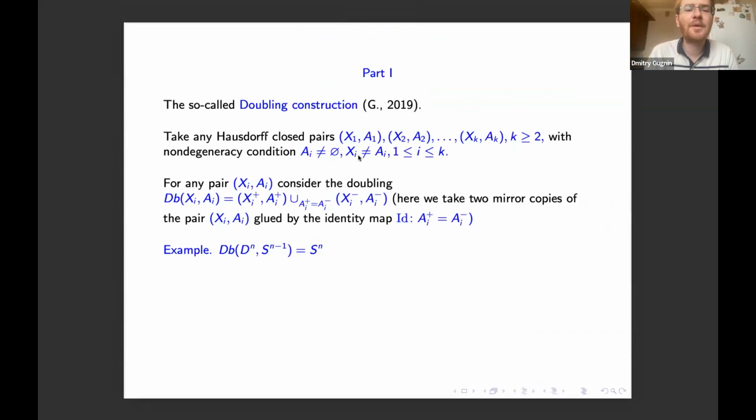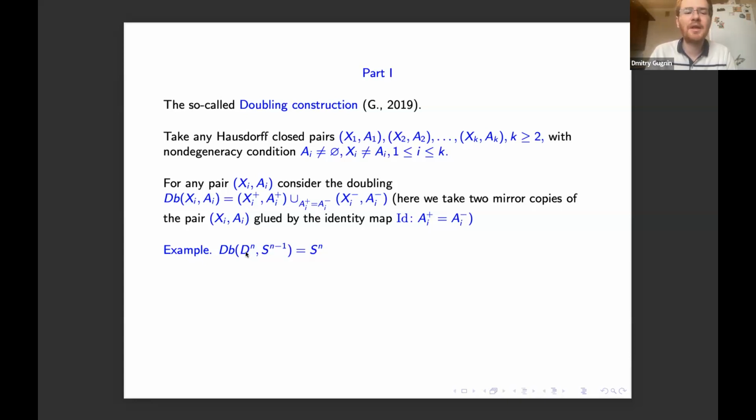Then for any such pair, we may consider a doubling of this pair. You take 2 mirror copies of this pair, Xi plus, Ai plus and Xi minus, Ai minus, and this is the mirror, and glue them by the identity map on the mirror.